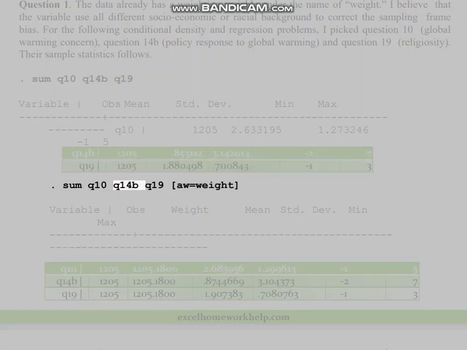Sum Q10 Q14b Q19 with a equals weight. Variable, obs, weight, mean, std. dev., min, max.